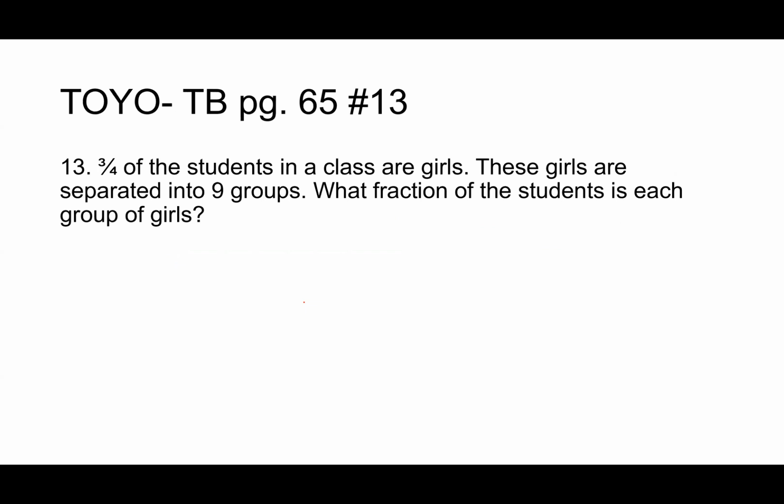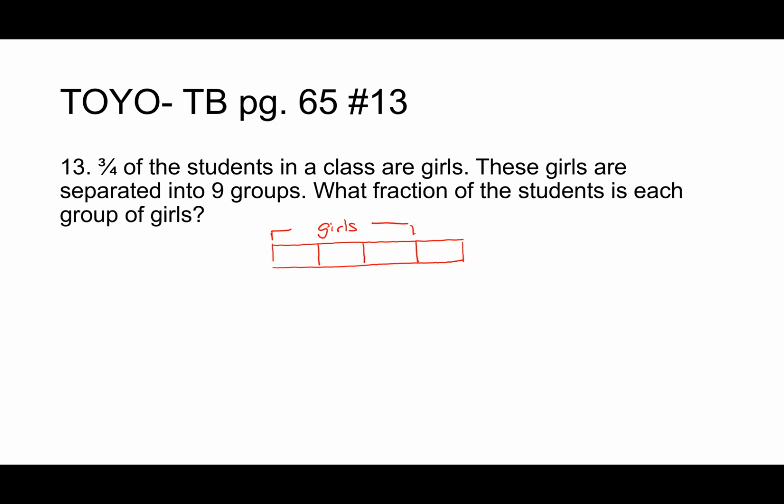3/4 of the students in a class are girls. Let's start with a better bar model. Let's try this again. All right, so I'm going to start by dividing up into quarters. And we're going to label 3/4 girls.